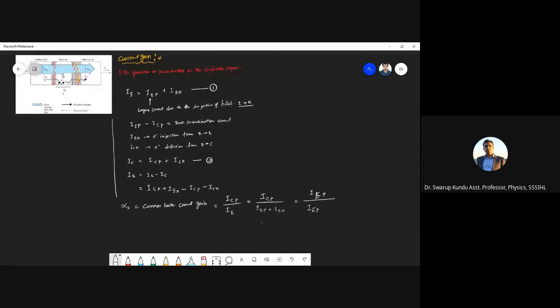So IEP plus IEN into, we'll have this ICP, but this IEP I am just multiplying on denominator and numerator, this IEP, this and this, rest all are same. Now this first term is called emitter efficiency. It's called gamma. So the first term gamma is called emitter efficiency.